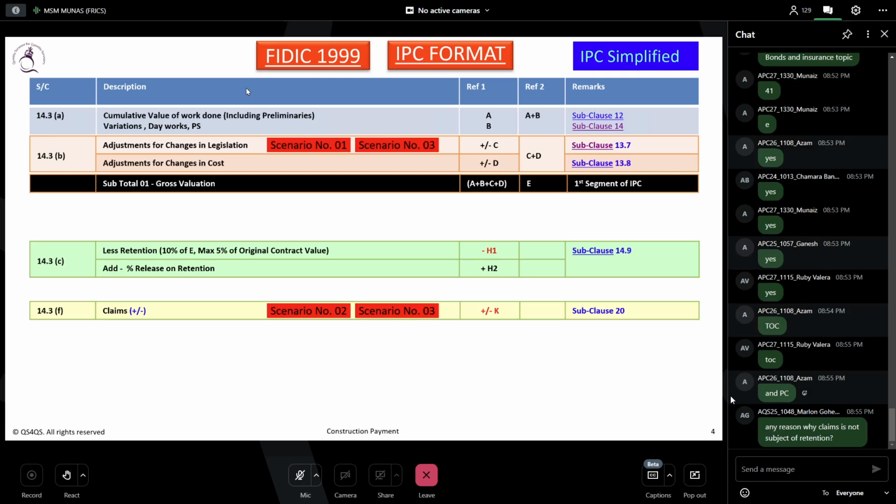Sometimes, if the contractor wants the retention the employer is holding to be released, and they mutually agree, because sometimes the contractor's cash flow is not good and he needs some money, the employer wants to help, then they can release it early, but it should be agreed mutually, otherwise it is not possible to release early. Do you understand?